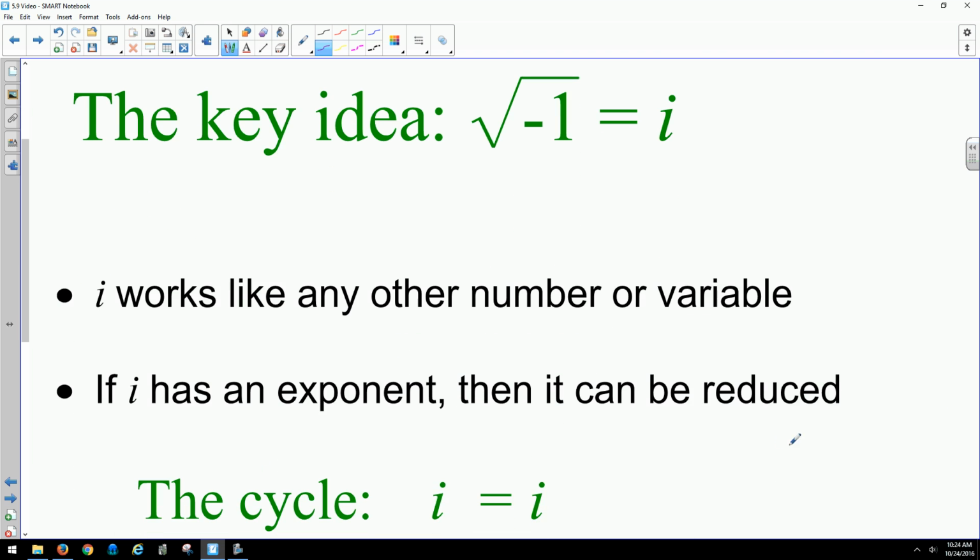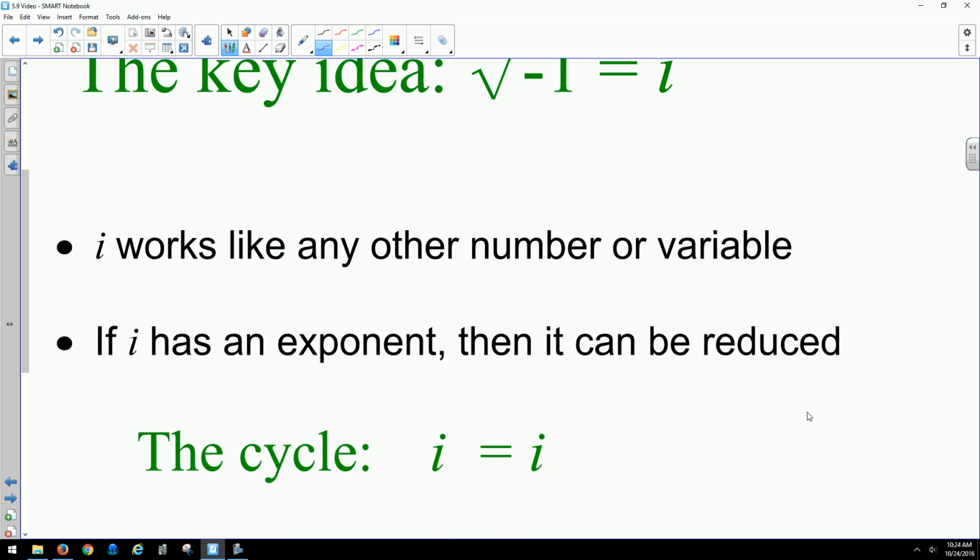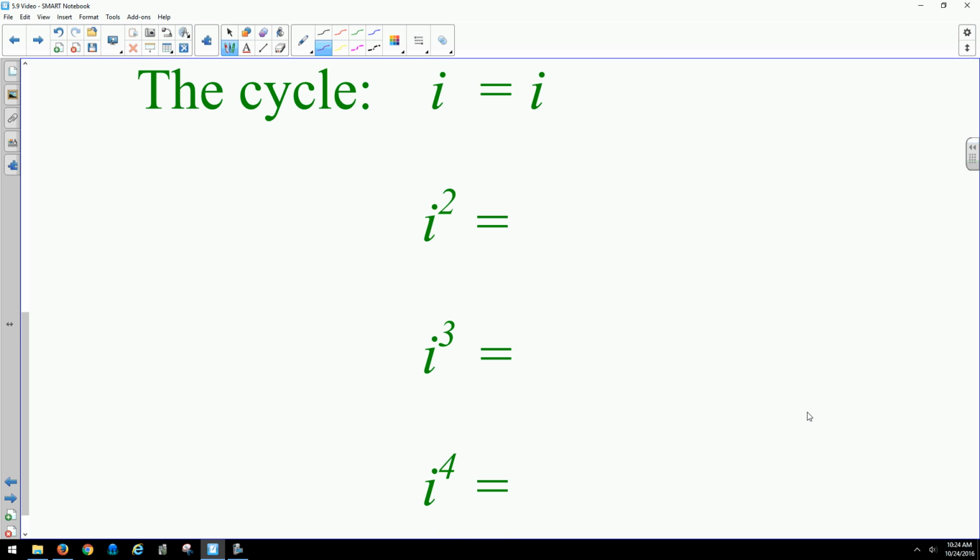If i has an exponent other than 1, then it can be reduced. There's a cycle of 4 different monomials that you're going to get depending on what power of i we're talking about. So here's the cycle. i to the first is just equal to i. i squared, remember that i represents the square root of -1.